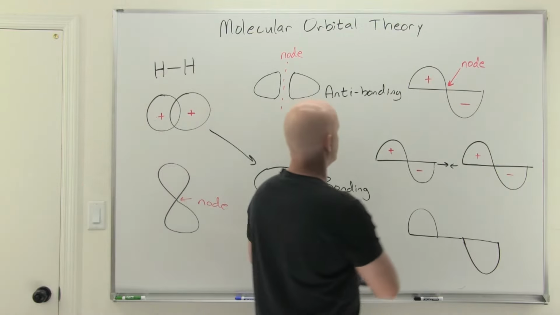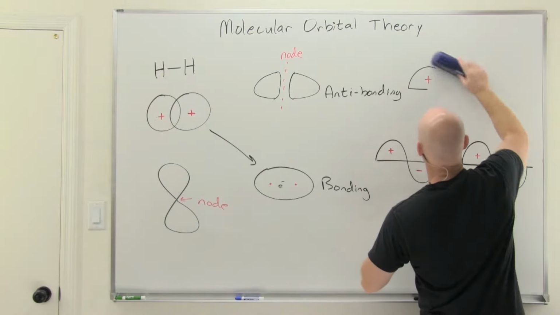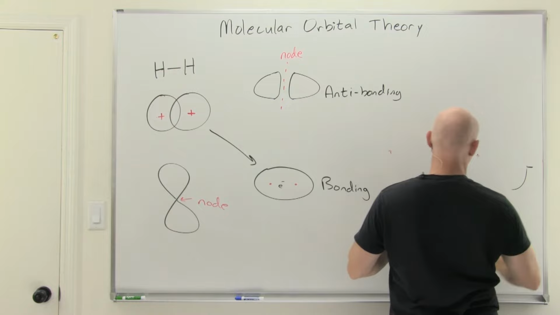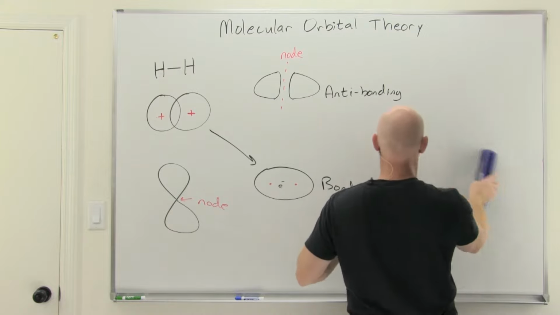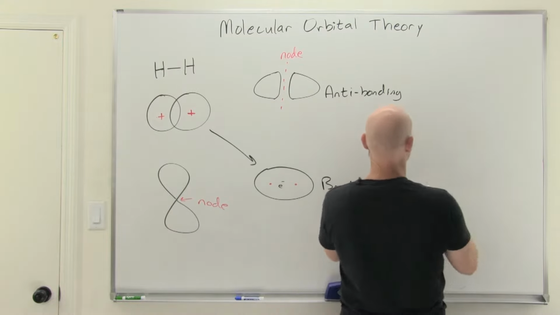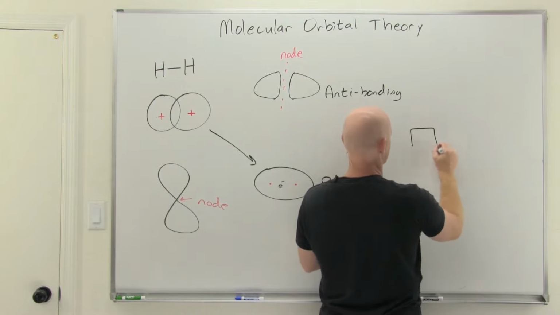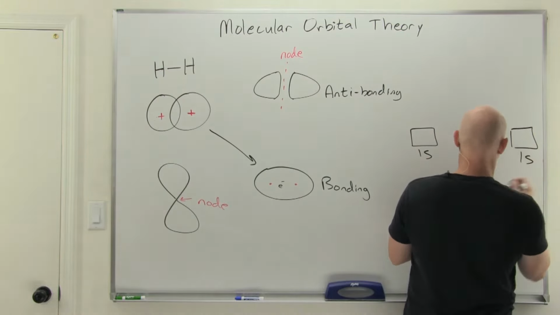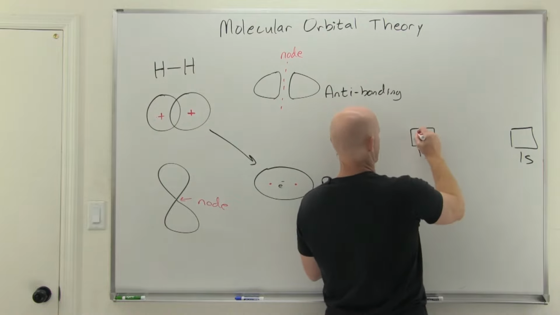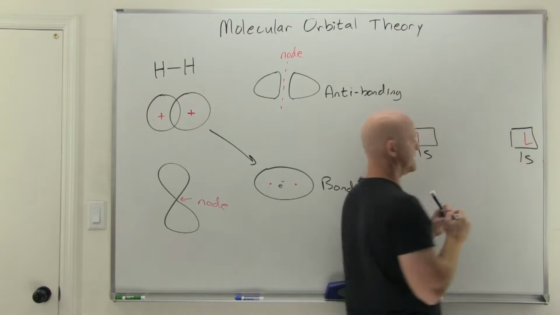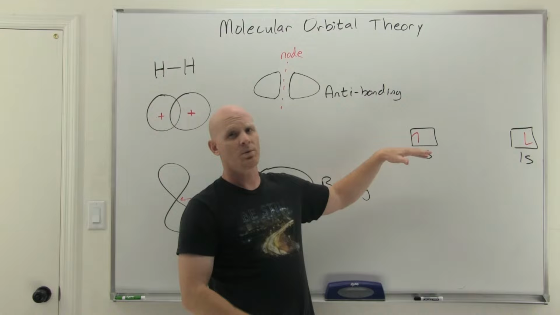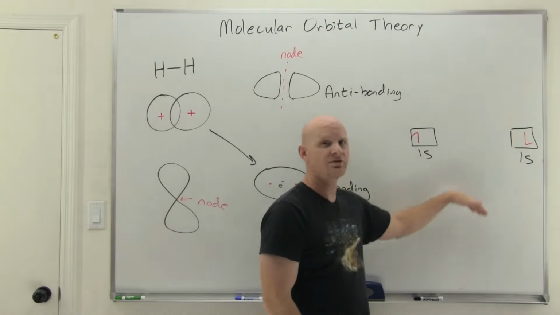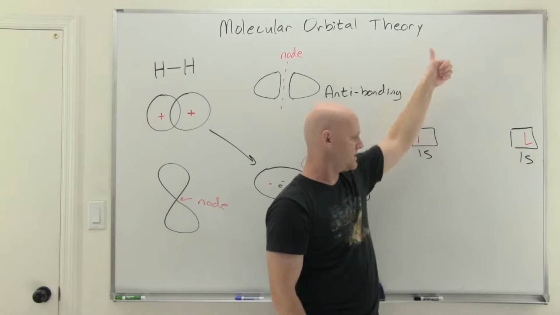Okay, so let's take a look at the typical MO diagram we draw for this kind of setup. Usually we fill the typical boxes like you'd see for the 1s orbitals in hydrogen, and they each have an electron here. So there's your original 1s orbitals, and we look at this as a vertical scale of increasing energy.